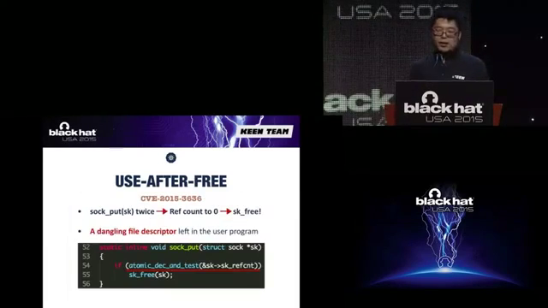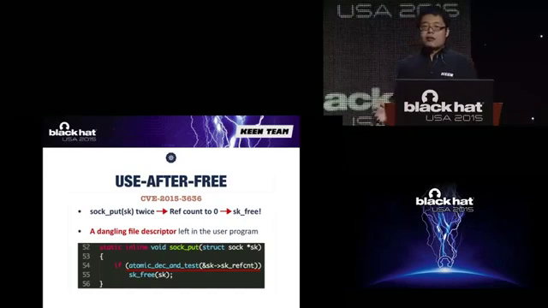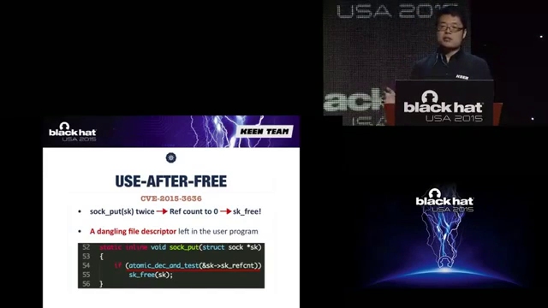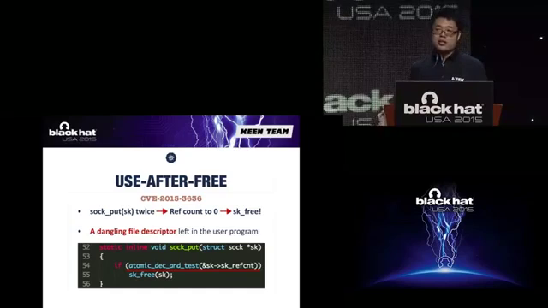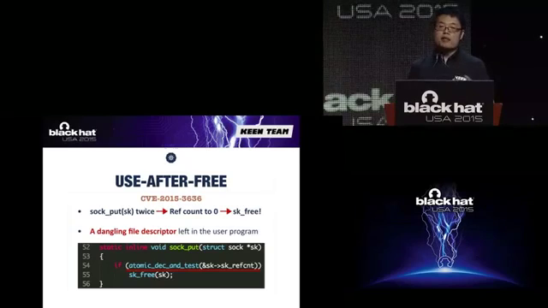So here we are. If we map 200 in user space and avoid the kernel crash, and then make two connections, the kernel will free it. But we have a dangling file descriptor associated with this ping socket object in the kernel, in the user program, under our control, right?